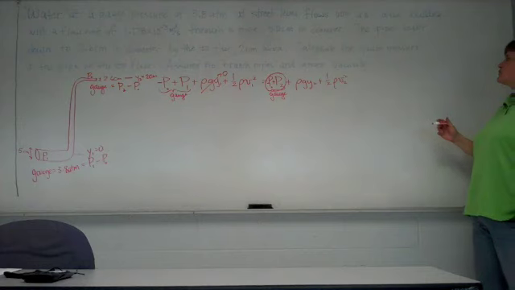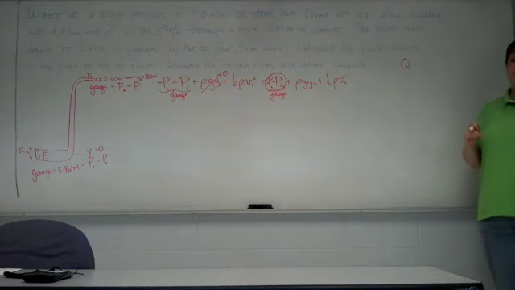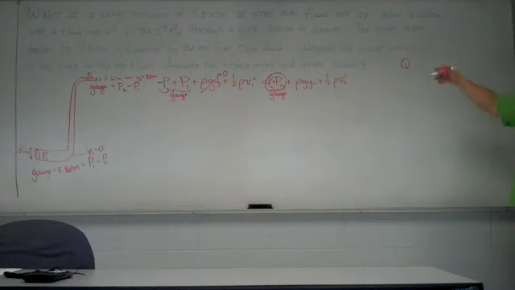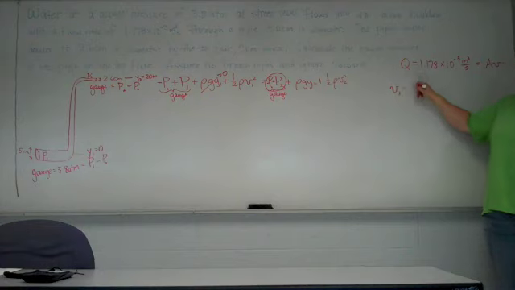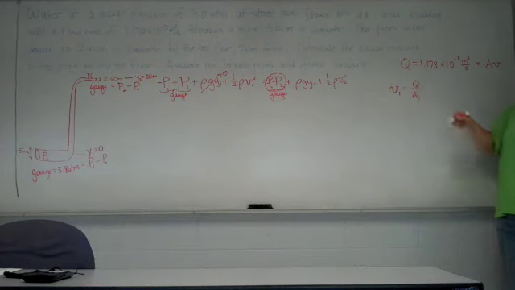Our other equation for fluid flow is the flow rate. Remember, flow rate Q is volume per time. That is 1.178 times 10 to the negative 3 cubic meters per second. So we know the flow rate. Flow rate is also equal to cross-sectional area times speed. So v1 will be Q over A1. We know Q. Q is the same everywhere in the pipe.